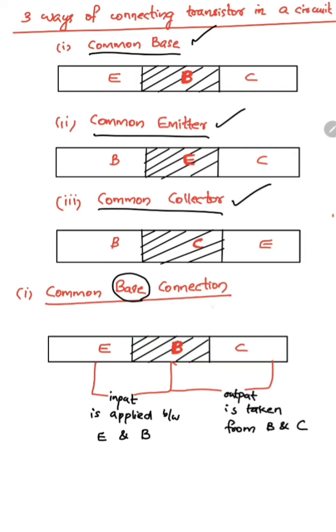That means whatever we do in common base connection, we do in a similar way in common emitter and common collector. So you have to note carefully what we are doing in one type of connection. First we are discussing common base connection. In common base connection, input is applied between emitter and base and output is taken from base and collector.